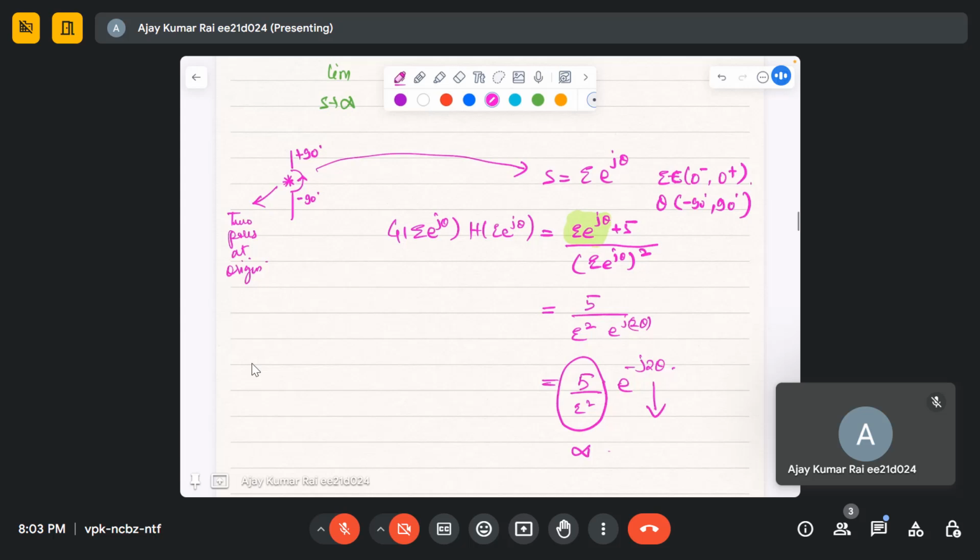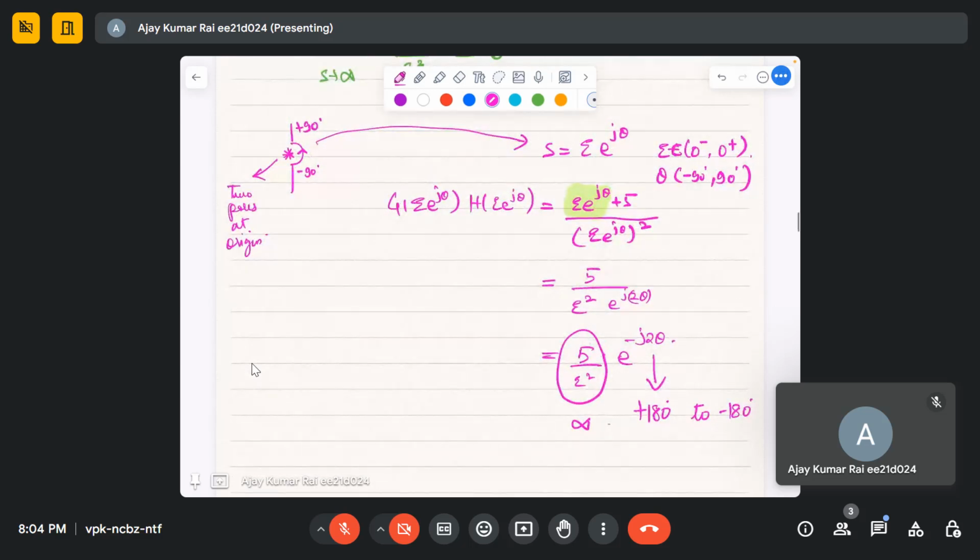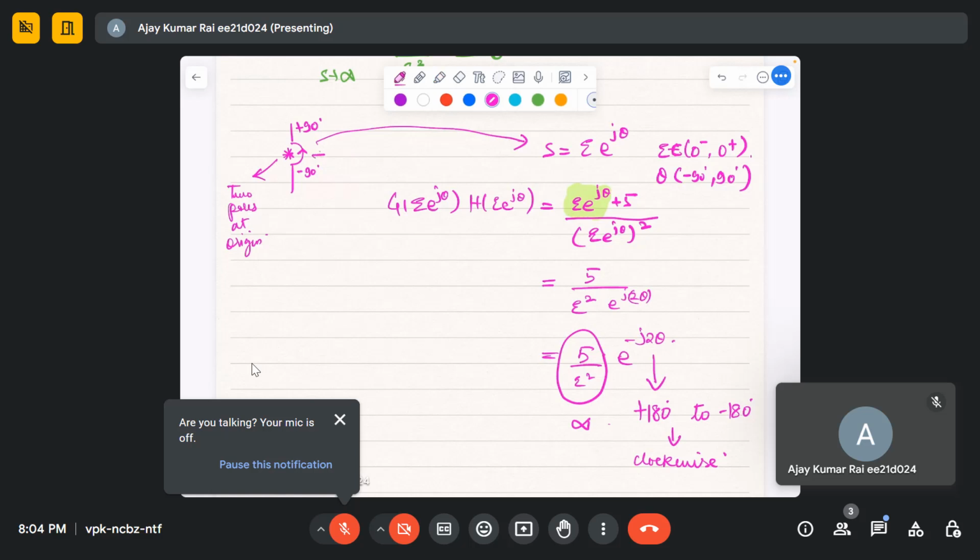Minus of 90, 2 into 90, you'll get plus 180 degrees to minus 180 degrees. So you need to focus on this one. This is clockwise.